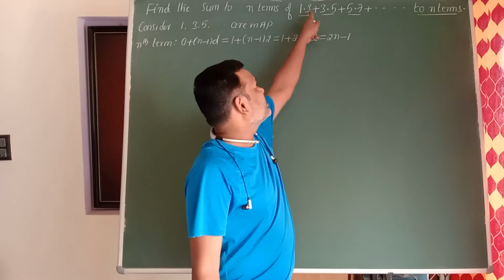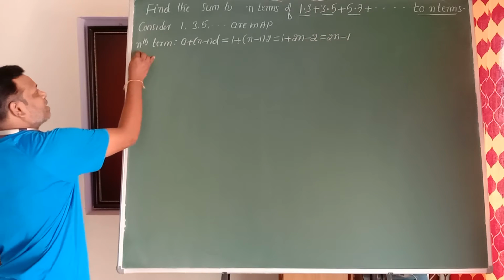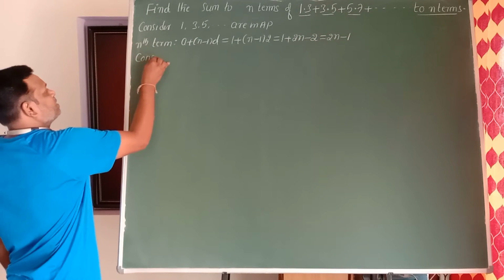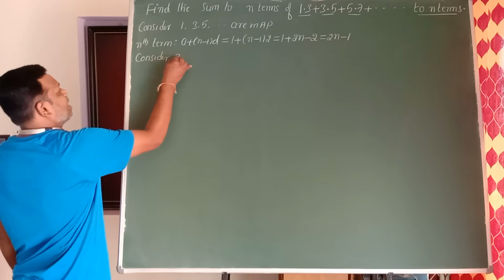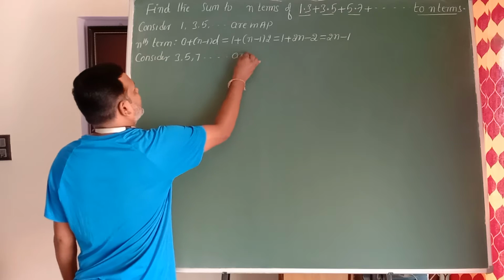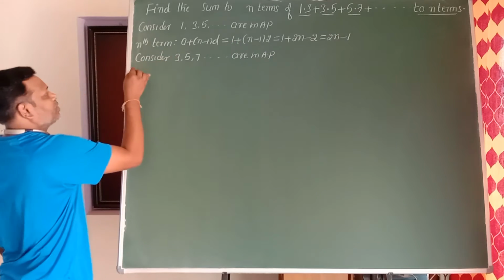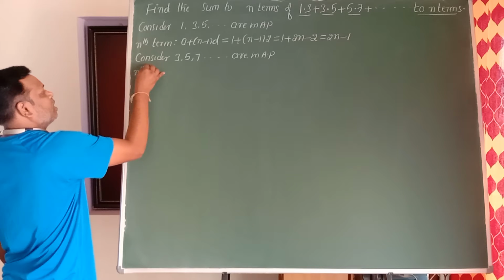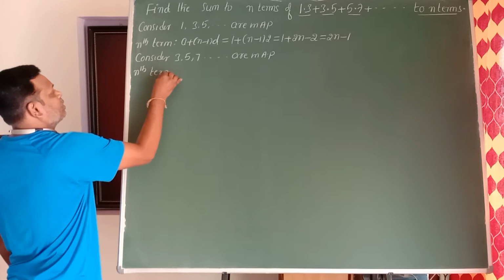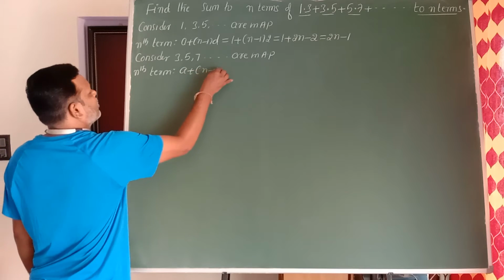Now consider the second sequence, 3, 5, 7, and so on. These are also in AP, right? Now we have to find the nth term. So nth term is again using the formula a plus n minus 1 into d.